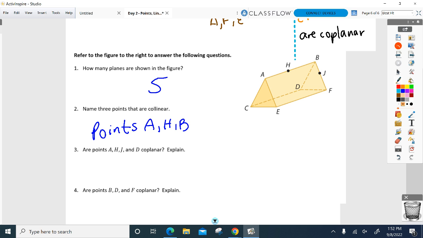A, H, J, D. Are they coplanar? Now, how many planes did you tell me there were? If you're going to say yes or no, all of them, not three out of four, all four need to be on one of those five planes at the same time. Is that true? No. There are five planes up here, correct?